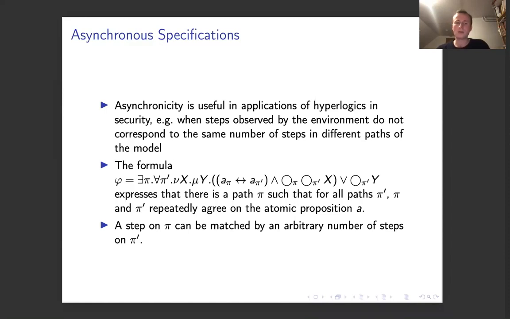We here have a formula that says that there is a path pi such that all other paths pi prime will repeatedly agree with pi on some atomic proposition A, and in particular, this agreement can be obtained asynchronously, meaning a step on pi can be matched by an arbitrary number of steps on pi prime. While this property in itself does not appear very useful, it can be made very useful when we add it to other properties, for example, the security hyperproperties we just saw, because now we can accommodate the potential mismatch of steps or numbers of steps.